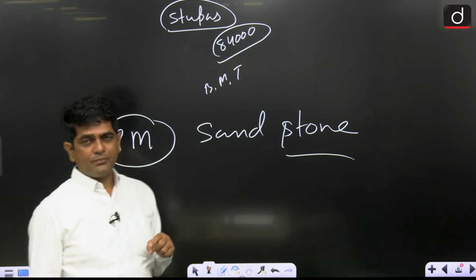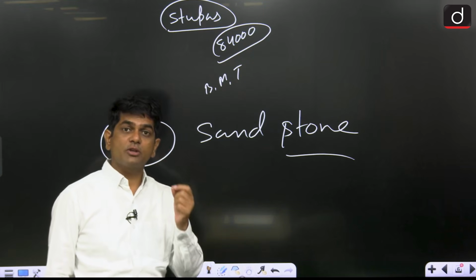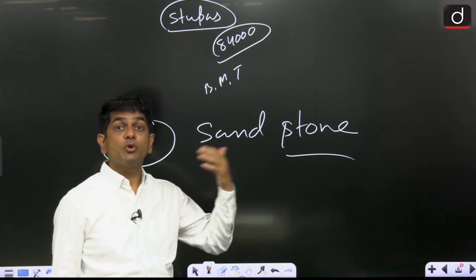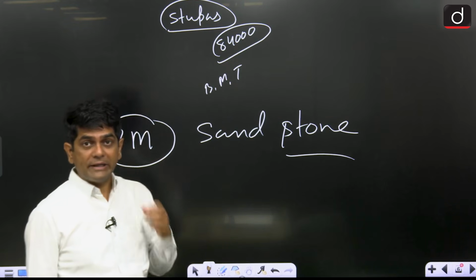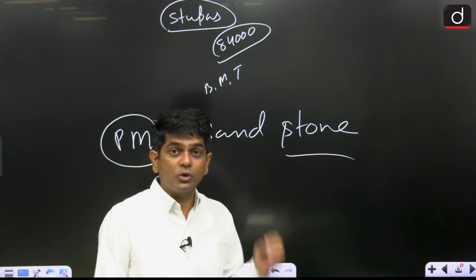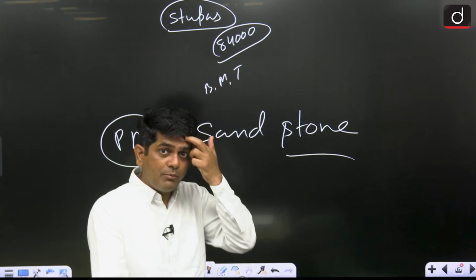In fact, in the repair or in the construction of one of the Toranas at Sanchi, the Satvahana rulers donated. They donated generously in the construction of one of the Toranas at Sanchi. Remember, these are very, very important points.